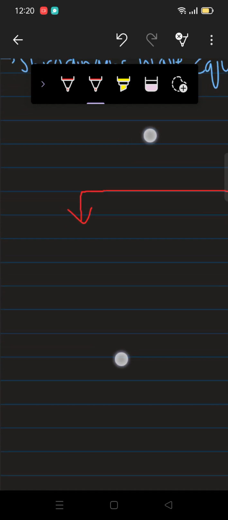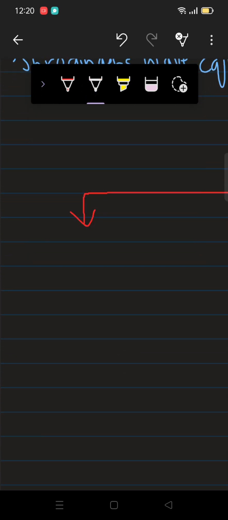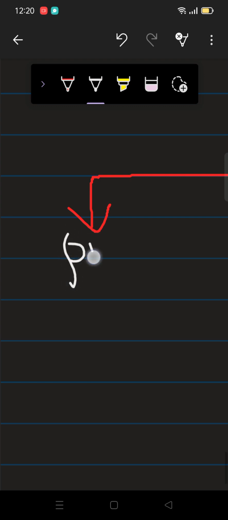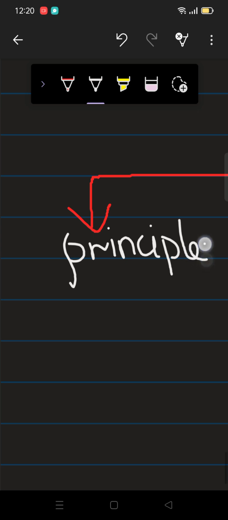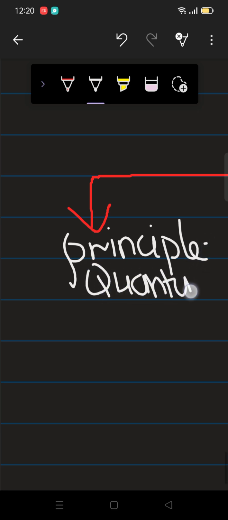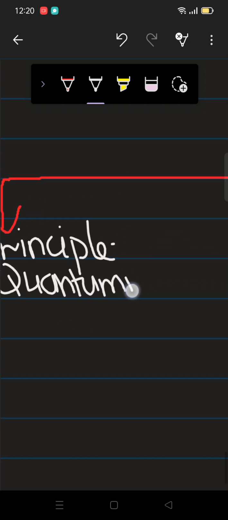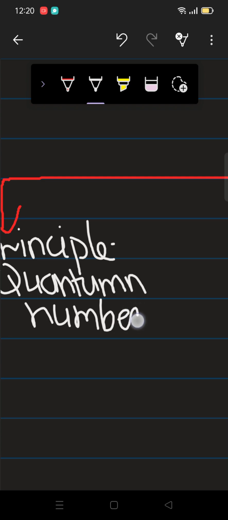Initially we have the principal quantum number, which is of course denoted with n.